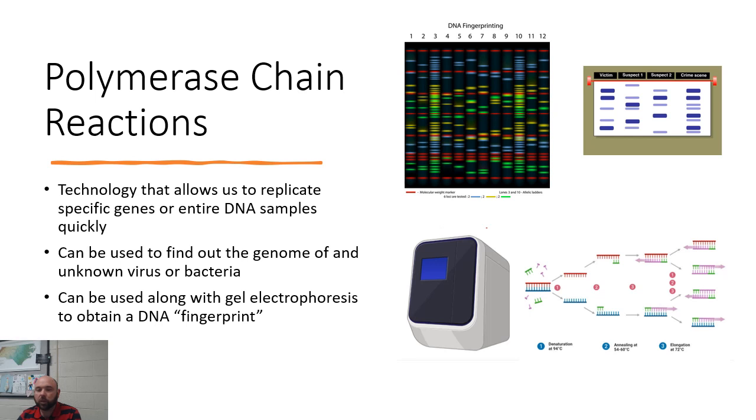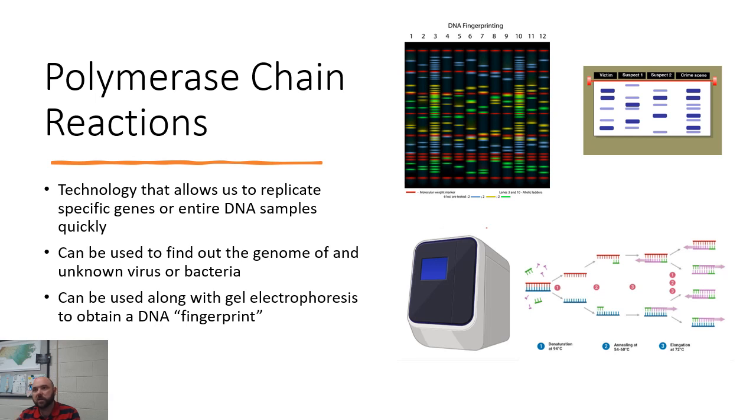For one, we can determine the genome of an unknown virus or bacteria very quickly. Before PCR, before we were able to replicate DNA really quickly, if we took a virus sample or a bacteria sample, we might have to let it grow in a culture for days or weeks before we could see it and determine what it is.